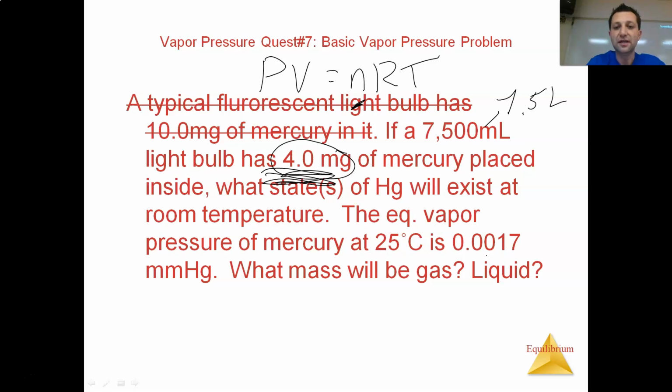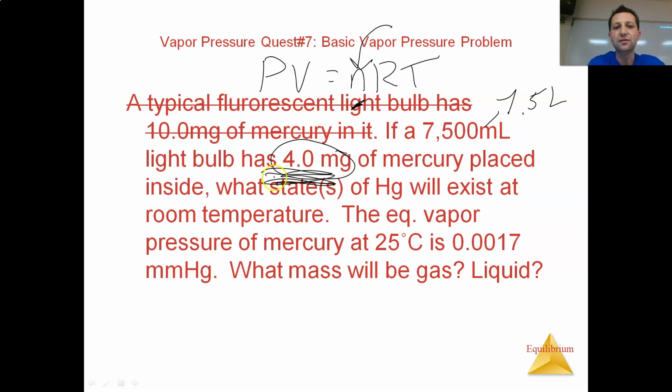You could also take your equilibrium vapor pressure, your temperature, and your volume, put all of that into PV equals nRT, and solve for moles of mercury. Then convert moles of mercury into grams and then milligrams and compare it to 4.